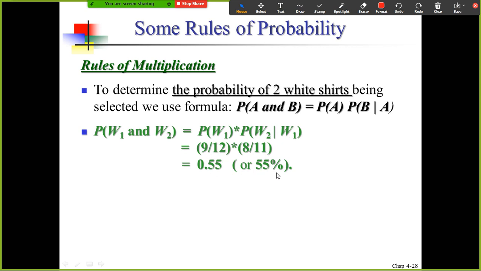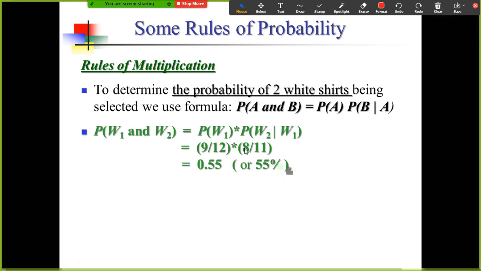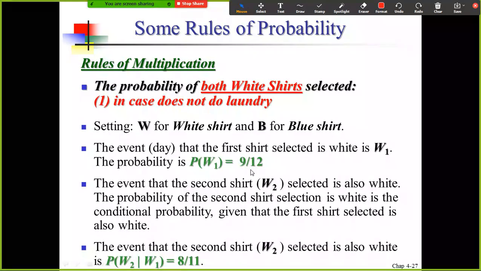Okay, so 55%. Who can explain what it means, 55%? Now my answer is finished: the probability of both white shirts selected in case he does not go to laundry.